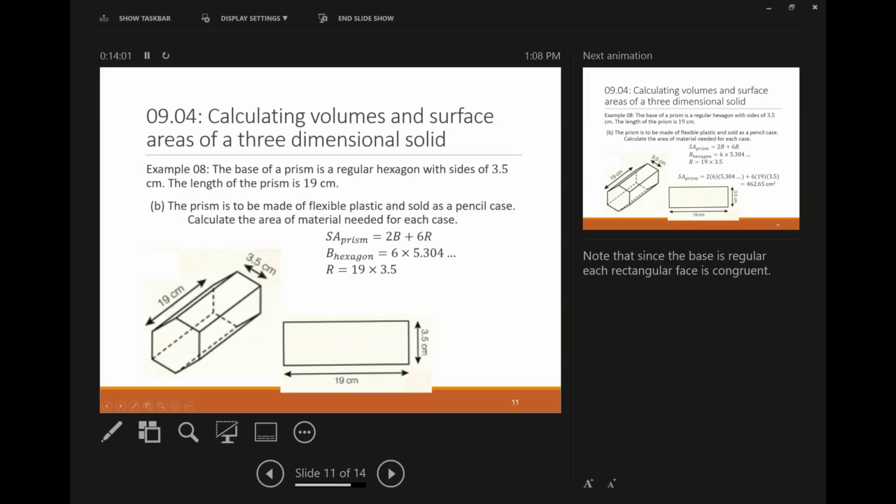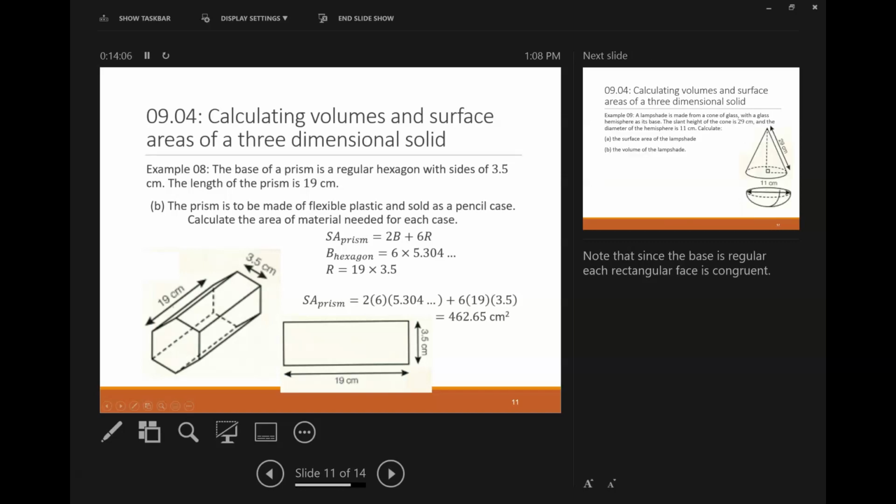And we know the area for the rectangle, just base times height. So the surface area is 2 times the area of the hexagon plus 6 times the area of the rectangle, which gives me 462 and change. Everybody happy with that idea? Again, not too bad, right? And again, you'll get all the formulas on the test, so you don't have to memorize all these area and volume formulas.